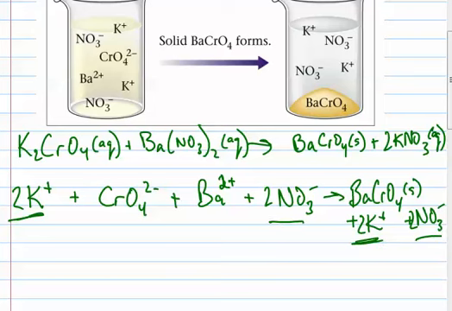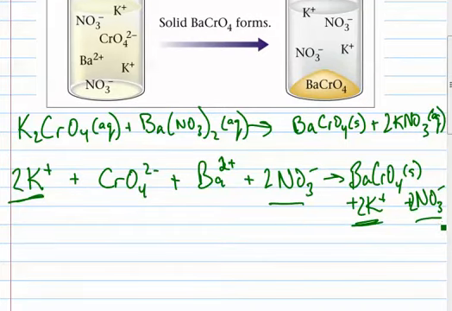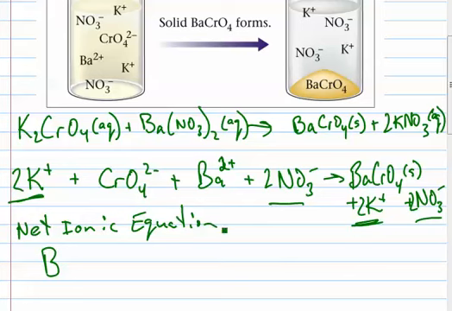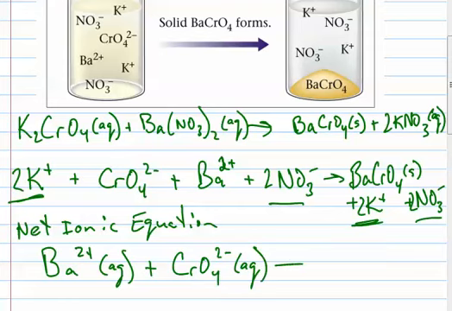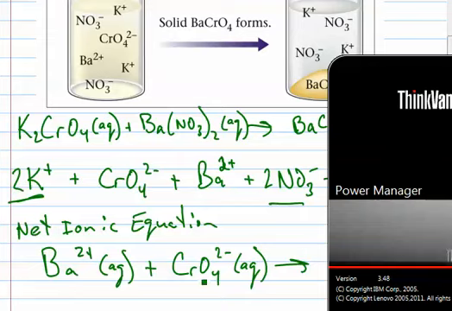These are not participating, and we basically cancel them out of our equation to get a net ionic equation. So in this particular case, our net ionic equation would simply be aqueous barium ions plus aqueous chromate ions are going to form solid barium chromate. Again, we're really just focusing on what is actually occurring in this chemical reaction.